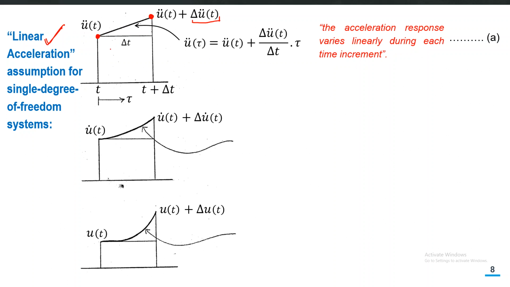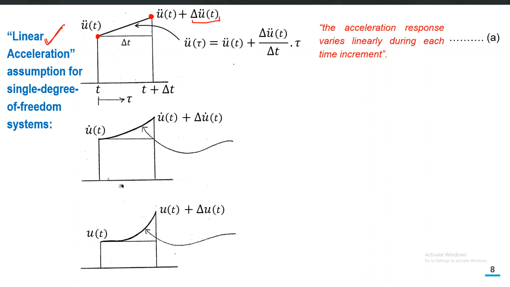This assumption resulted in a few equations which help us ultimately in solving the equation of motion. When we make this assumption, calculate its implications and put them back in the original governing equation of motion, it becomes simple, and then we can easily solve that equation.